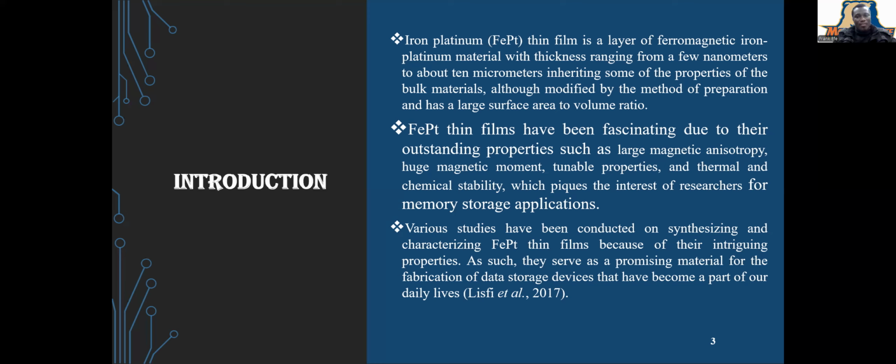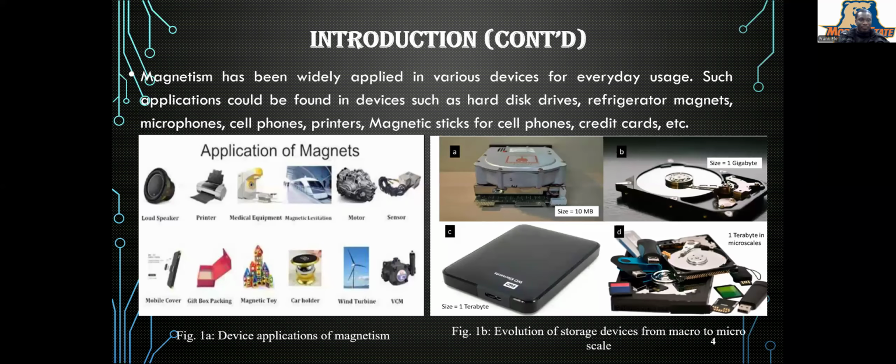As a result, it serves as a promising material for device fabrication, especially in memory device applications. Applications of this thin film range from speakers to memory disk storage devices, and the like.